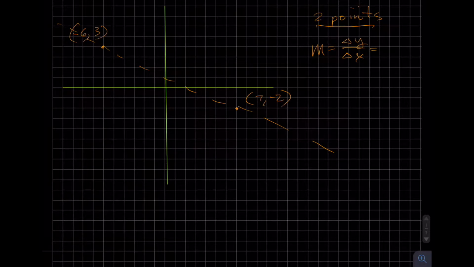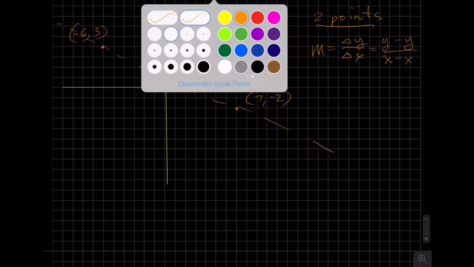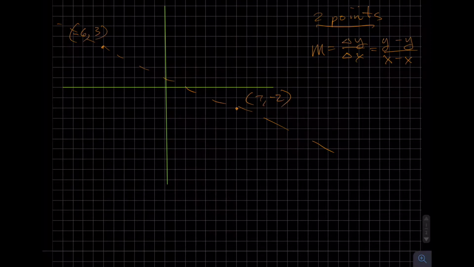Change is often calculated by taking a difference. So I'm going to take some y value and subtract the other y value, and then divide it by x minus another x value. So this is where we start making some differentiation. Which y value? If I choose this to be my y2, then I'm going to take y2 and subtract y1.